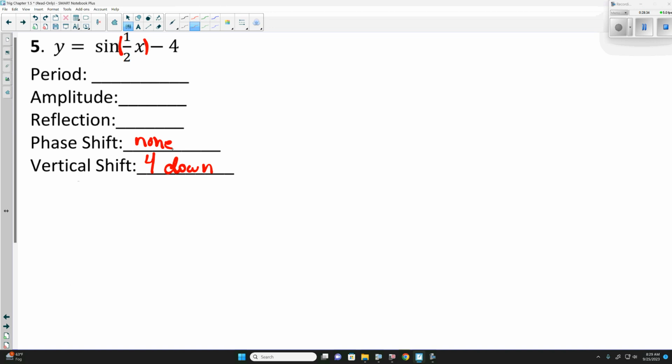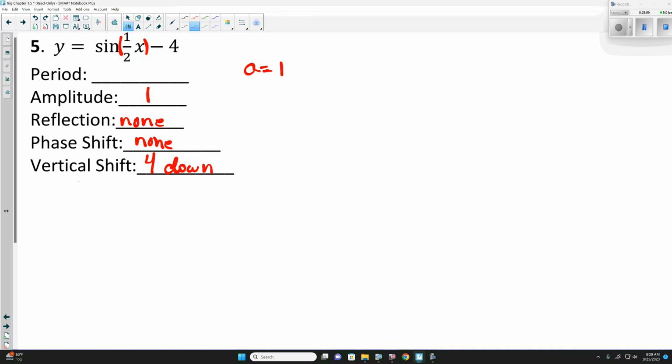The sign in front of sine is positive. The sign in front of x inside of sine is positive, so there is not a reflection. Almost, because amplitude is our a, and the a in this case is 1.